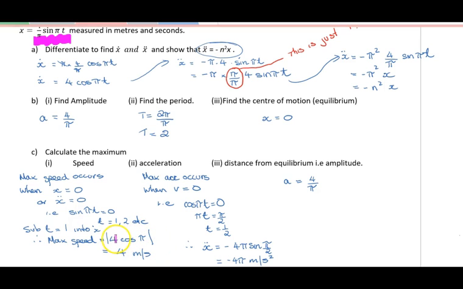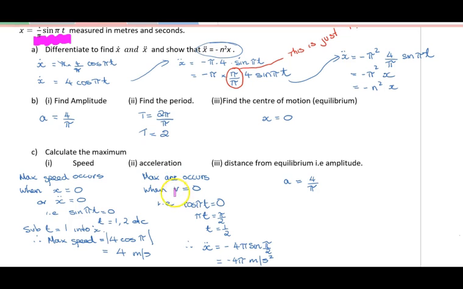And the velocity formula is this one, your 4 cos pi t, and remembering t we're subbing as 1. Cos of pi is minus 1, which would have given us minus 4, but for speed we drop the sign, so maximum speed is 4.